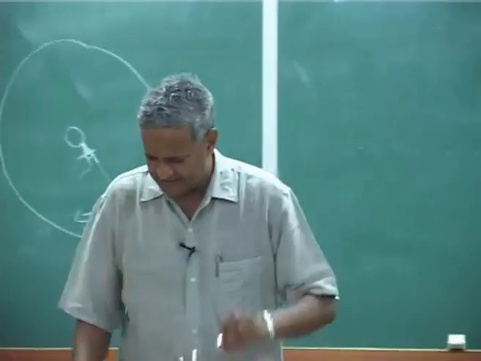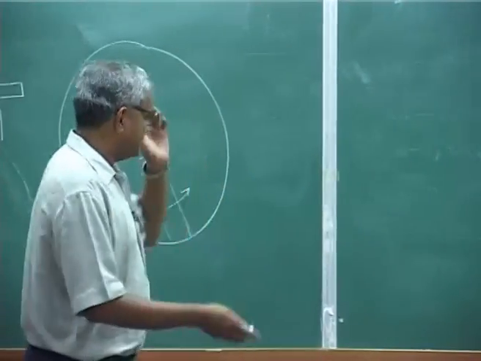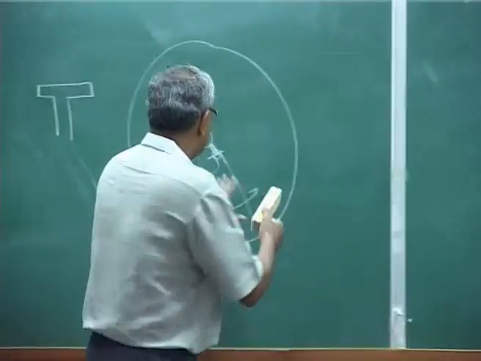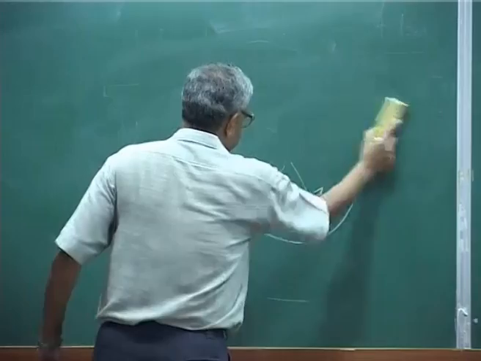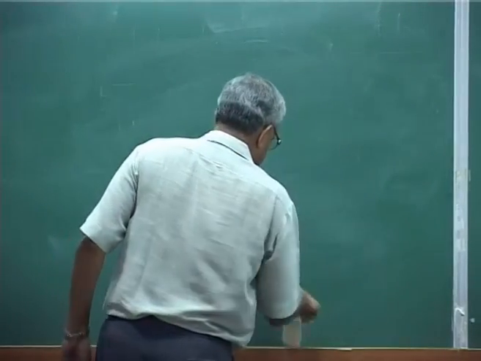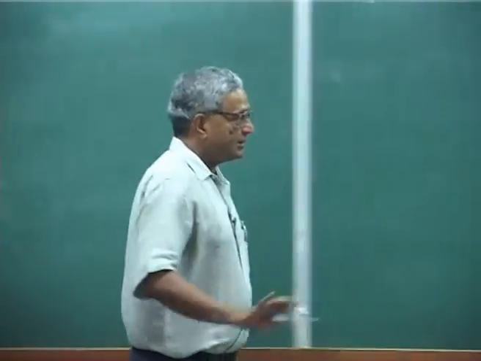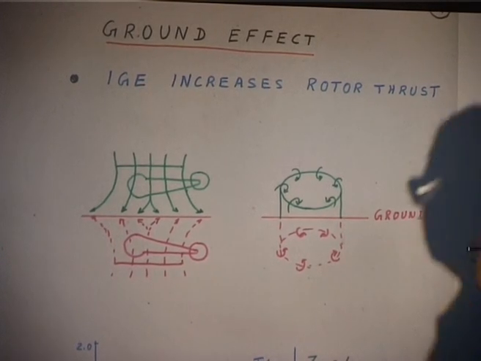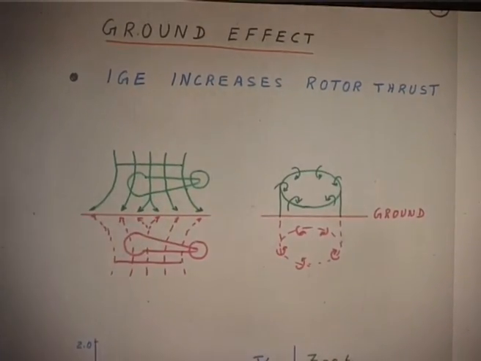Now let us look at a brief thing, what is called the ground effect, just for information to you, because there is no calculation or anything like that. This is the ground effect. What does ground effect mean?